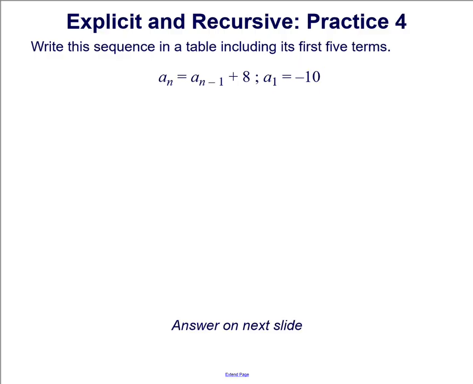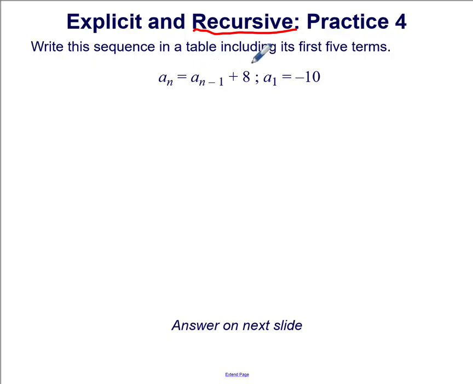Practice number 4. Write the sequence in a table, including its first 5 terms. Now this is a recursive formula. Note the difference between a recursive formula and explicit formula. With a recursive formula, you can calculate the next term by taking the previous term and adding a common difference.